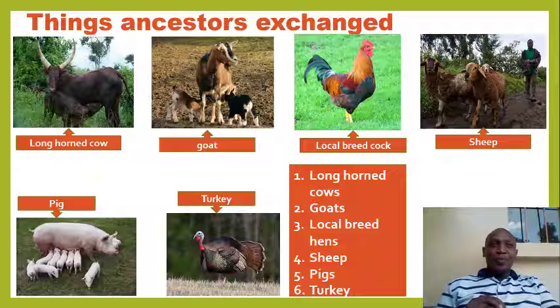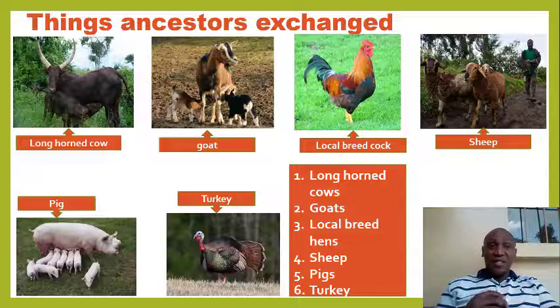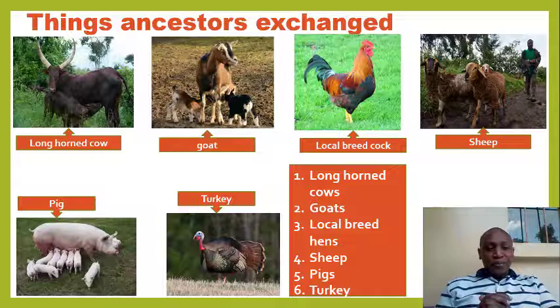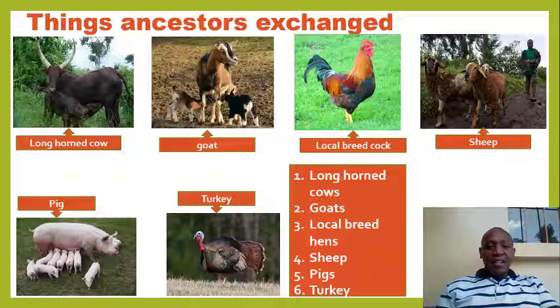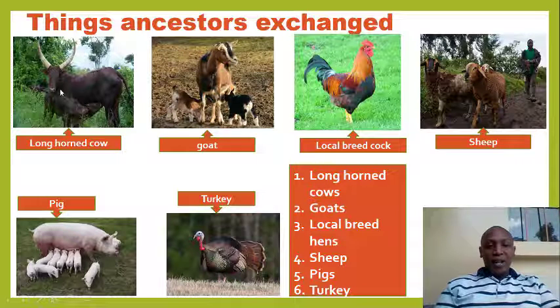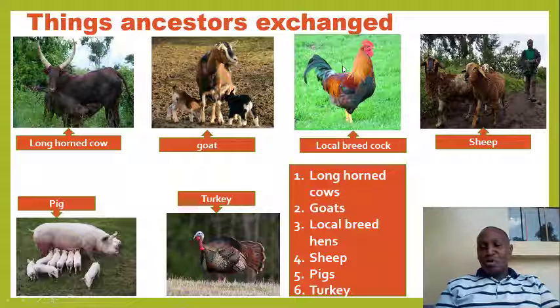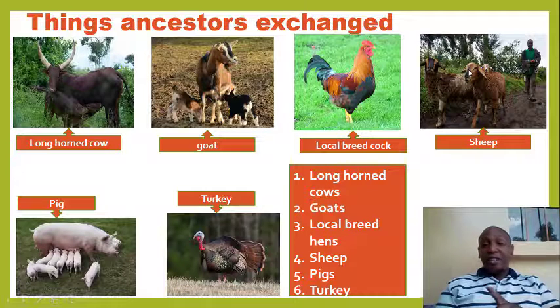So what are the things that these people exchanged? I'm not going to spend a lot of time here because we already looked at them in our previous lessons, but here we want to emphasize, because this is a lesson on its own. We can see the domestic animals, of course, and particularly of interest is the Rwandan cow, the African goat, the African rooster, the sheep, the different types of sheep.